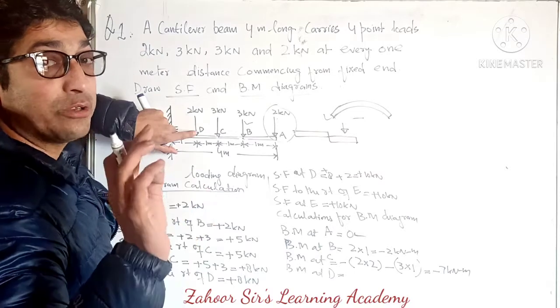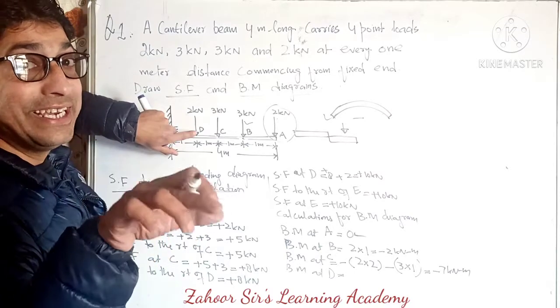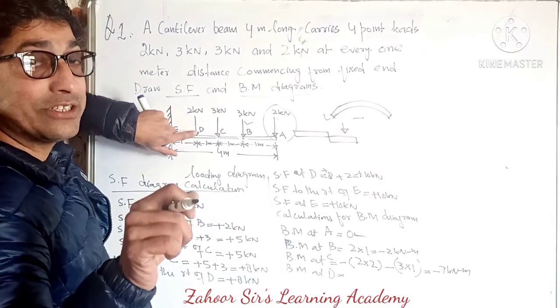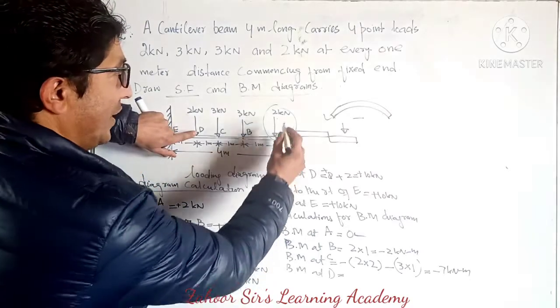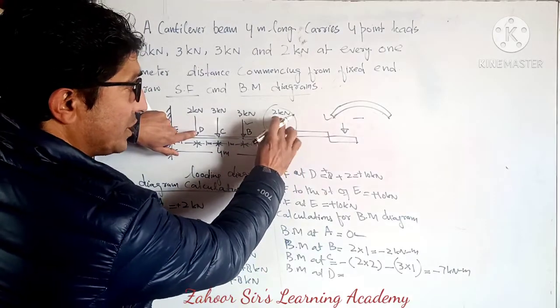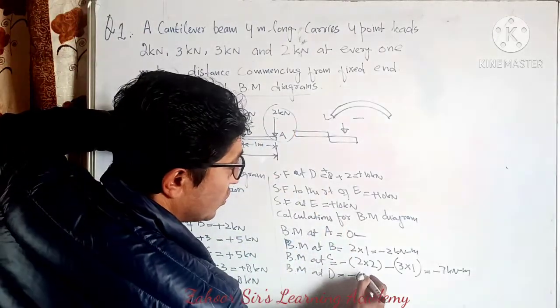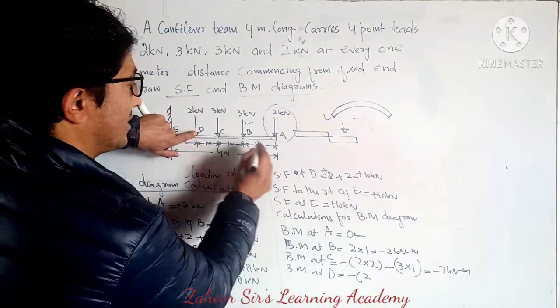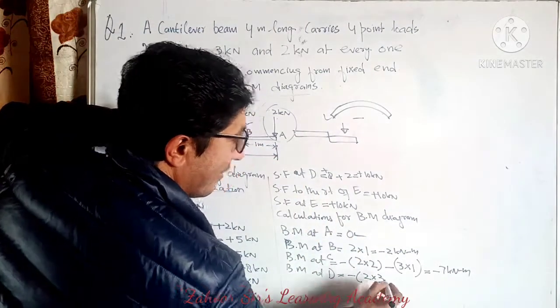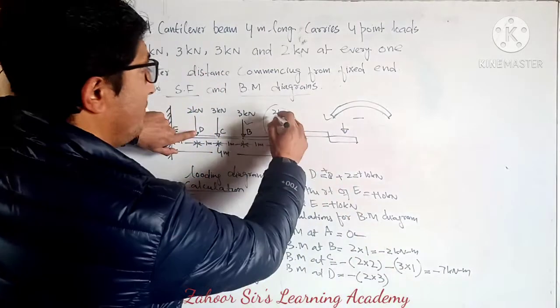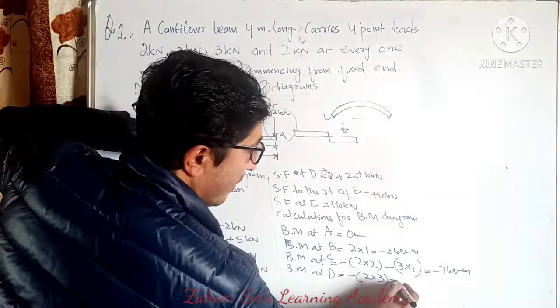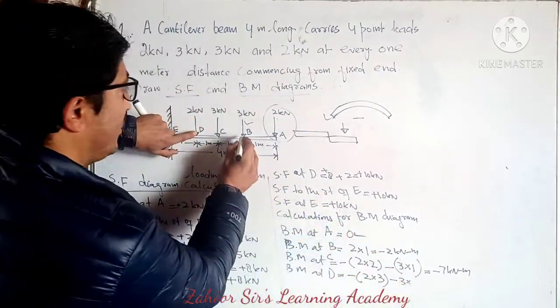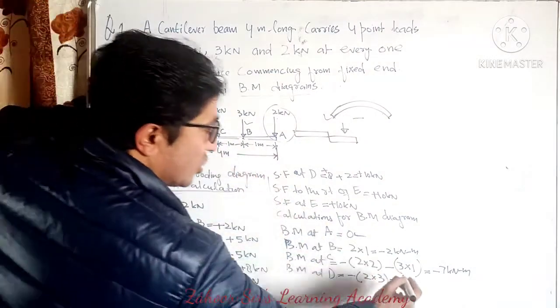Because hogging is going to happen in the beam, and hogging is taken as negative. That means the bending, so this force minus 2 and its distance, that is 3. Okay, this one is done. Then 3 into distance up to D, that's 2.